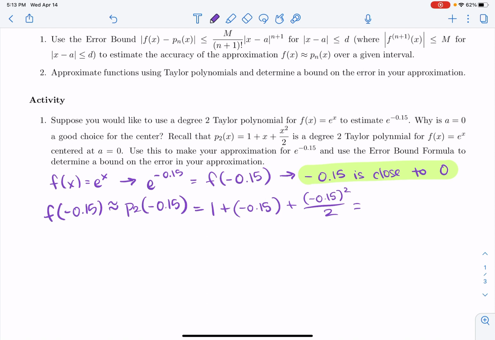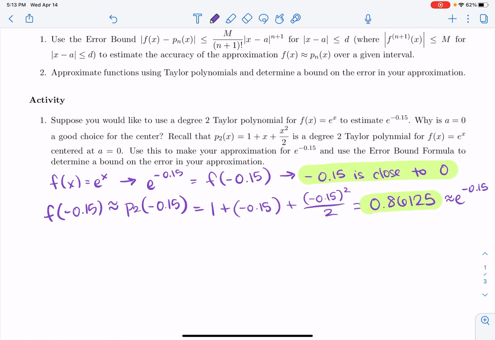And I get that this is equal to 0.86125. Usually I only keep 3 decimal places, but since there's only 5 of them, I'll just keep it. And in this one, the error bounds might be fairly small, so I'm going to try to keep more decimal places than I did in my previous video. Okay, so that's my estimate for e to the minus 0.15.